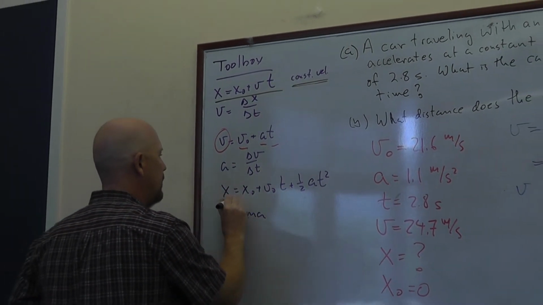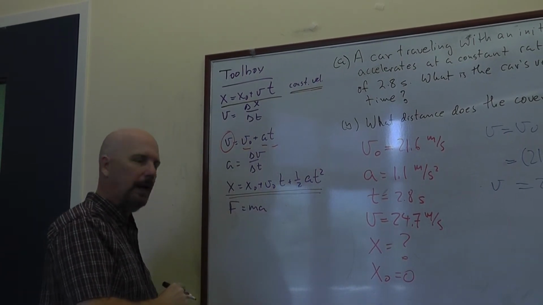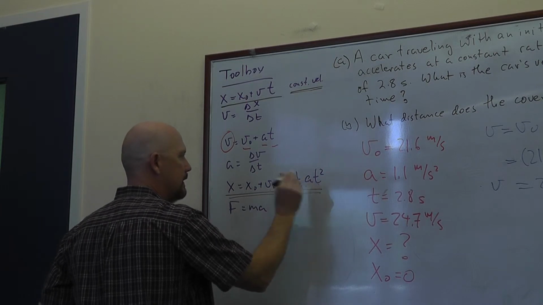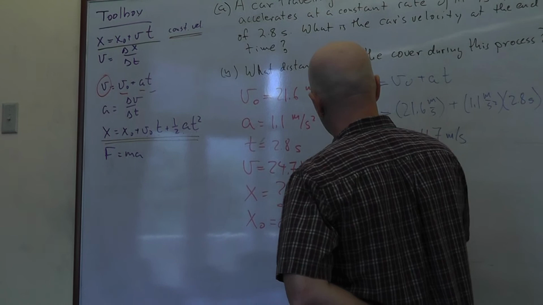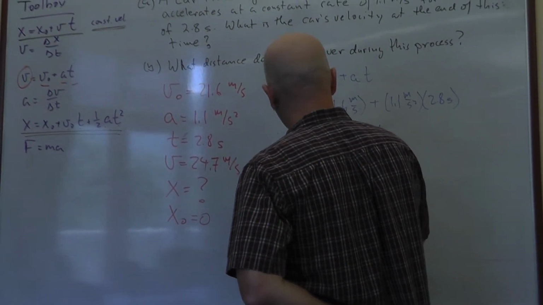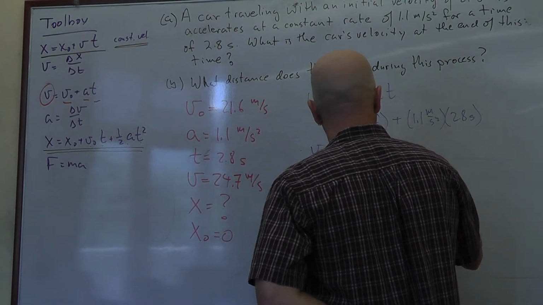So I'm going to go down here and I identify this equation. Okay? I've got this, and this. All right, so let's come over here and write the equation down for part B. x equals x0 plus v0t plus 1/2 at squared.